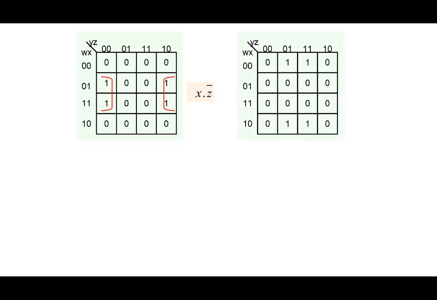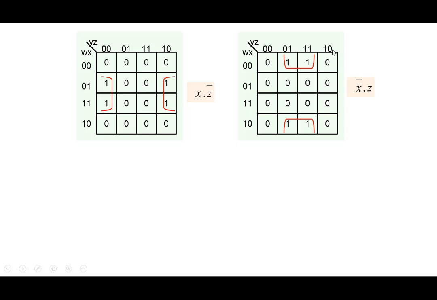Well, what about this one? We can combine these two here. The terms on the top are adjacent to terms on the bottom, and the term in the left-hand column is adjacent to the term in the right-hand column. Adjacent in the sense that 0, 0 and 1, 0 differ in only 1 bit, so you can combine them.